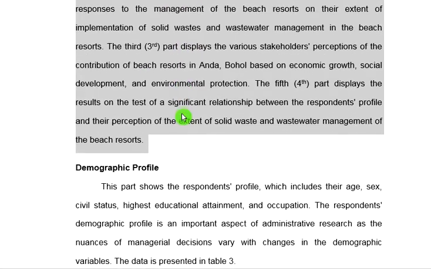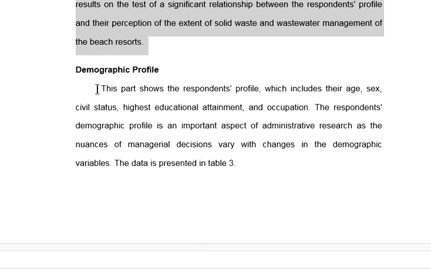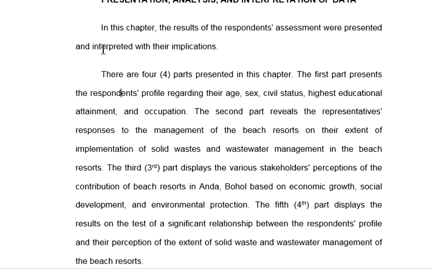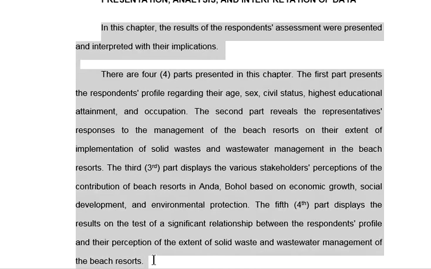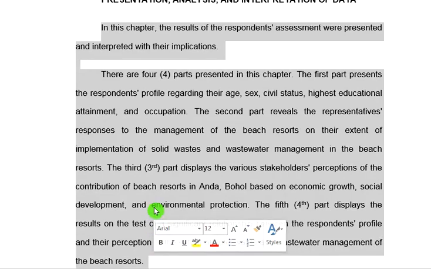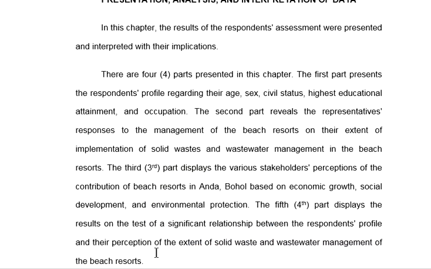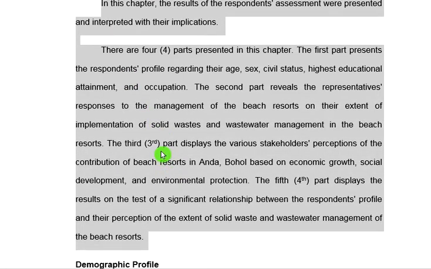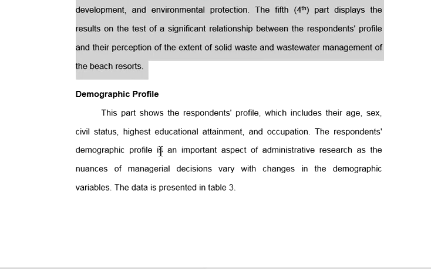Next, number 2, the specific description in every table. Again, this part explains all the 4 parts. After the brief introductory or statement, you will proceed to the specific.